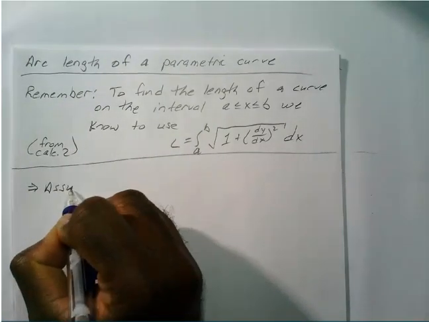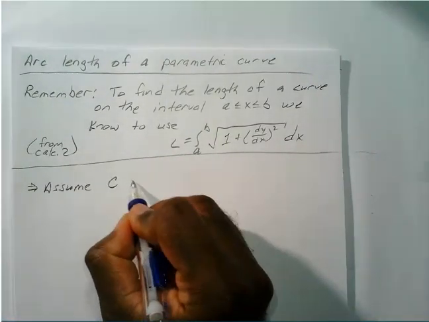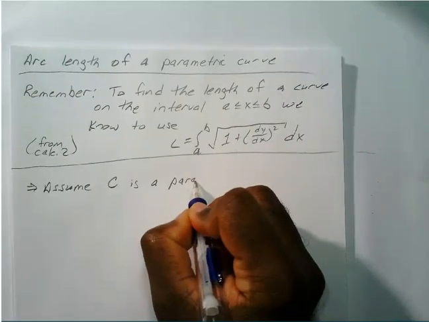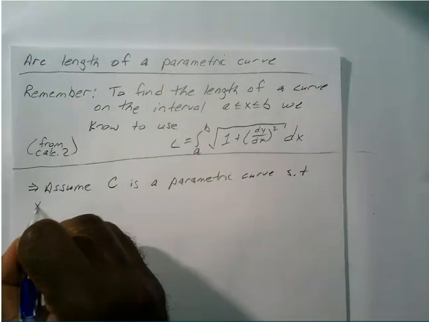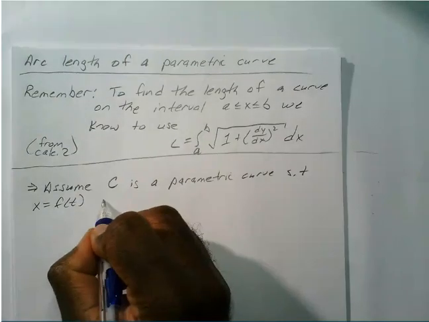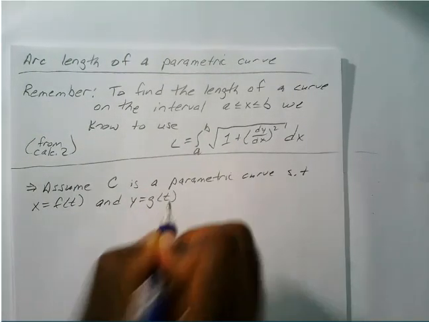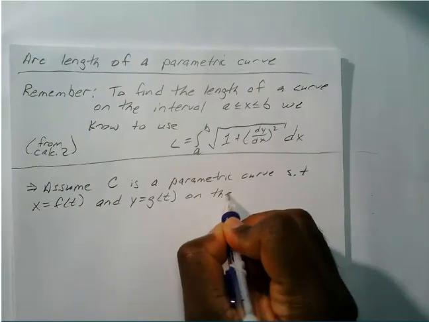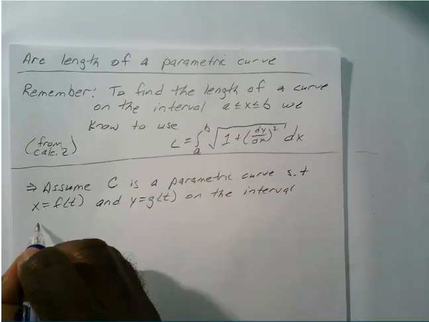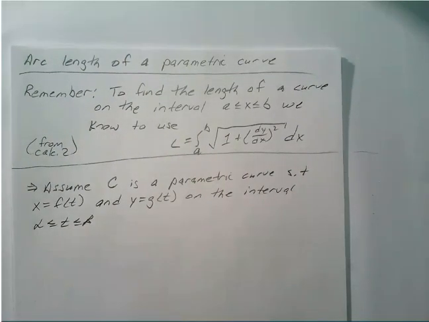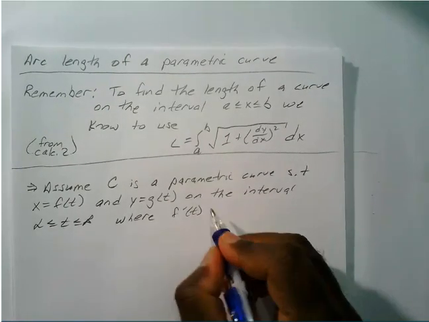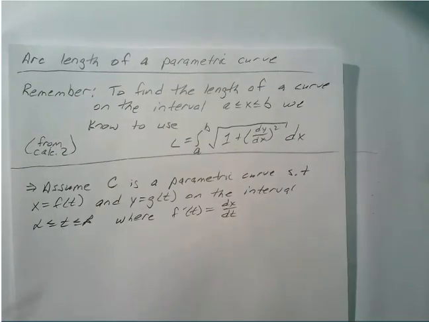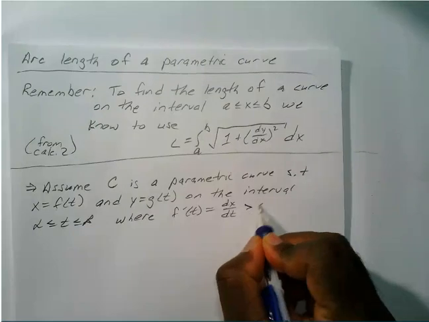So what if we assume that our curve C is a parametric curve such that x is equal to f of t and y is equal to g of t on the interval alpha to beta for your parameter t, where we know that f prime of t, which is our dx dt, is positive.